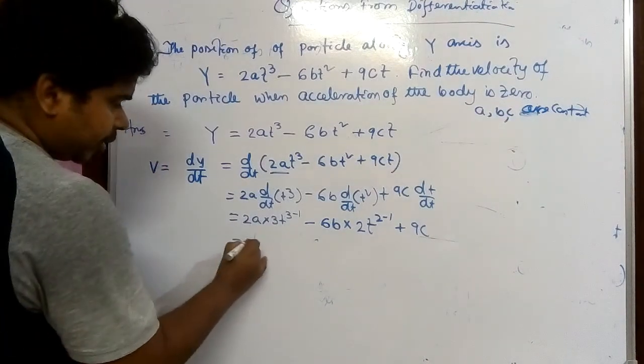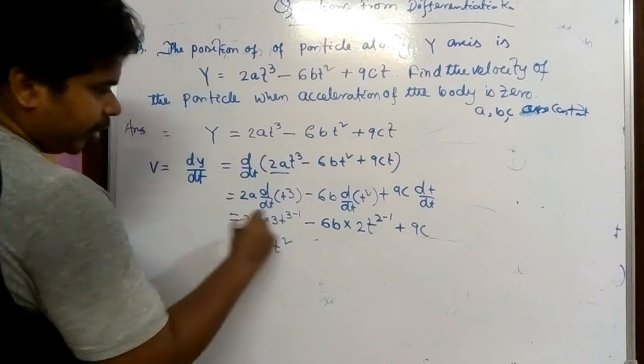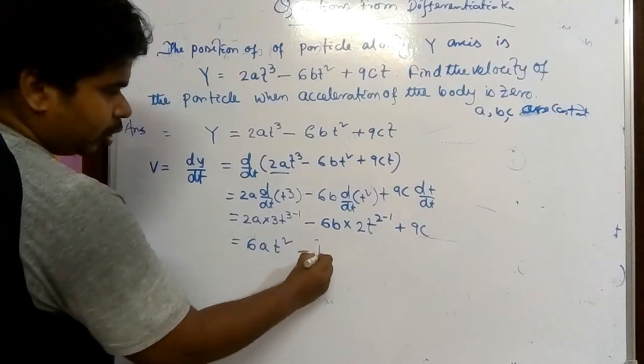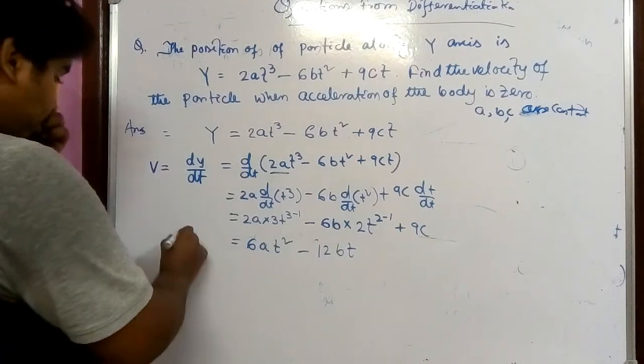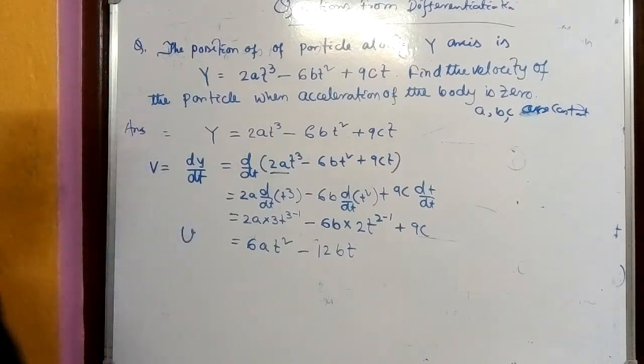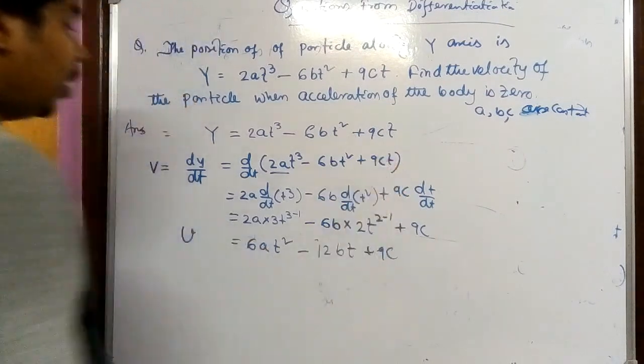Let's multiply it. So 6a t square minus 12bt, that is our velocity that we have got, plus 9c as usual.